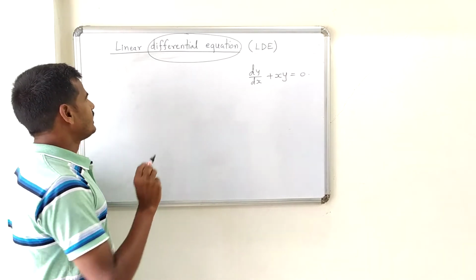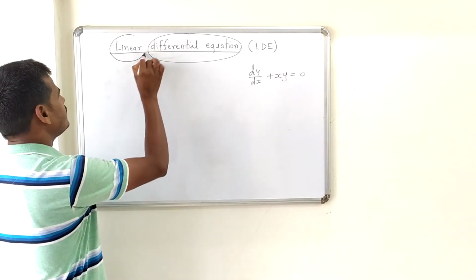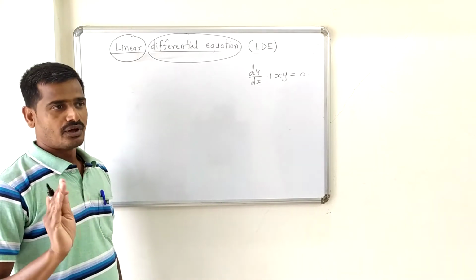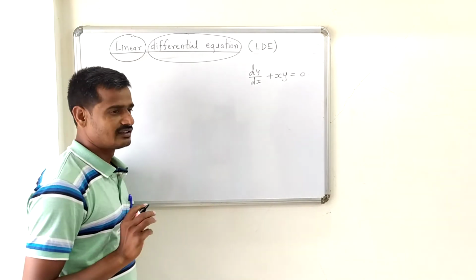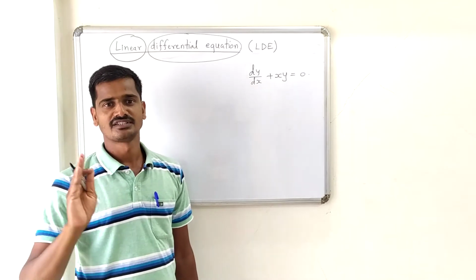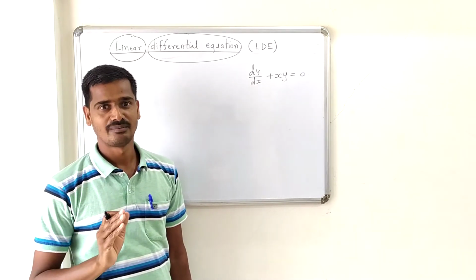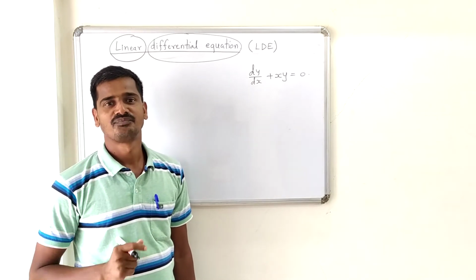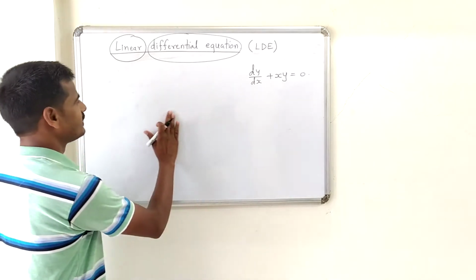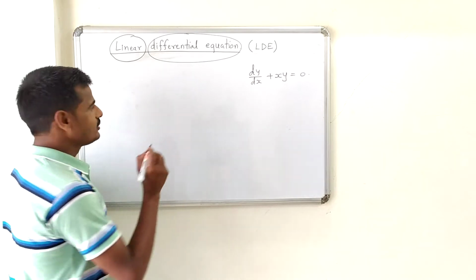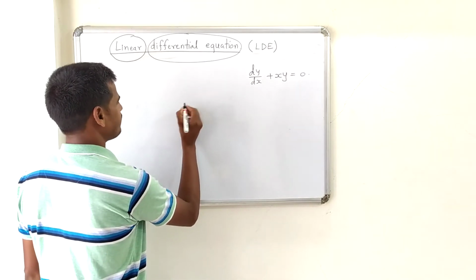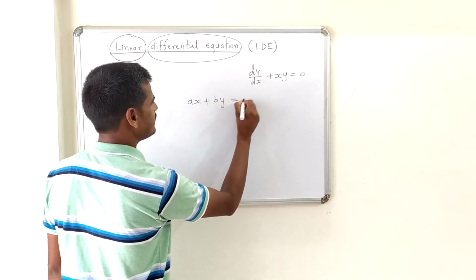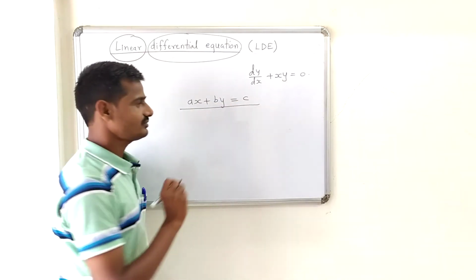Now let us focus on what is meant by linear. I think you know what is meant by linear equation in x and y. You studied all these things in high school or secondary level. So what is meant by linear equation in x and y? I will write here simply ax plus by is equal to c.